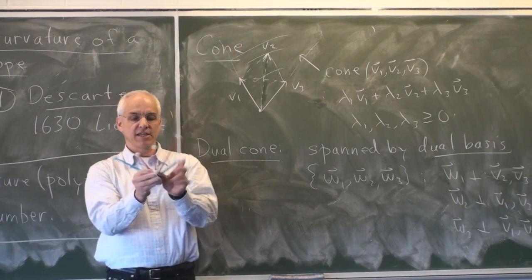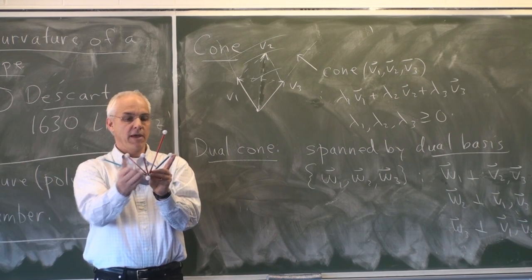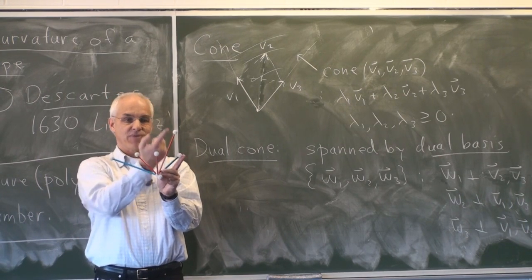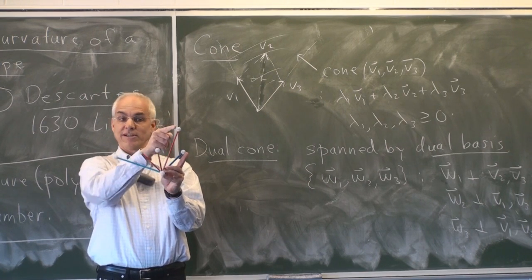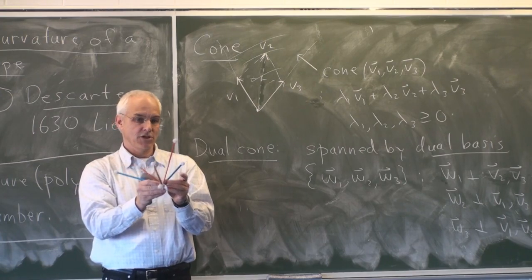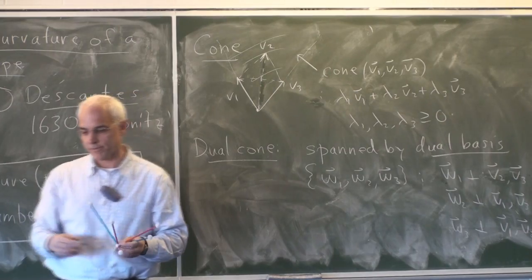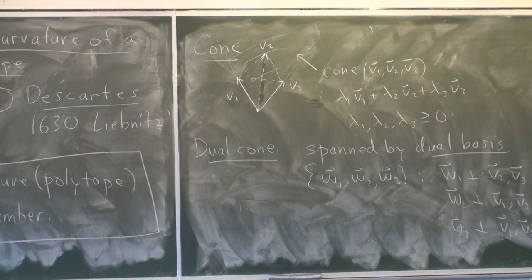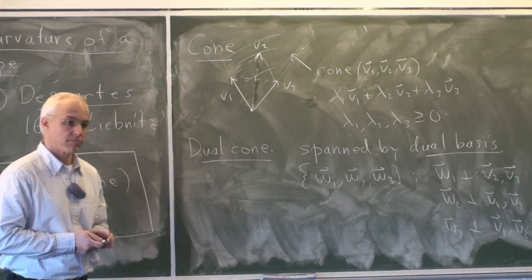But on the other hand, if we take, say, this one here, it's got to be perpendicular to those 2. And it's got to be roughly in this direction. And its dot product with this one has got to be 1. So that means if this one is long, then it's going to be short. So the dual basis, not just the directions, but also the sizes of the vectors are determined. That's an important notion in other areas of mathematics, so it's useful to spell it out here.